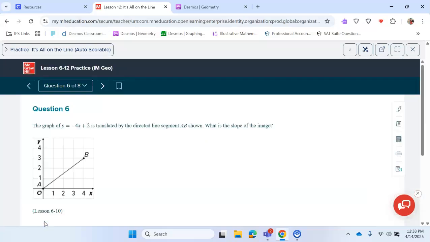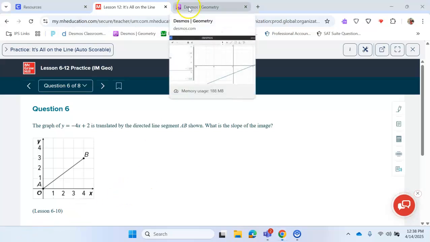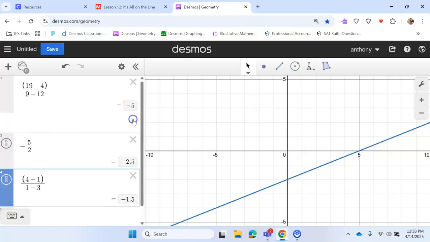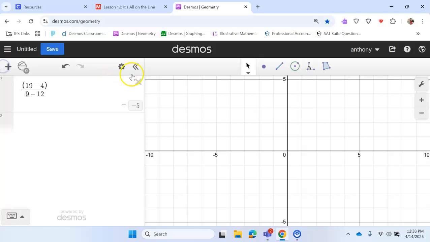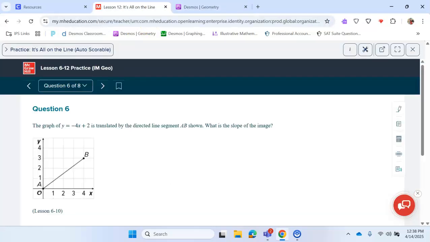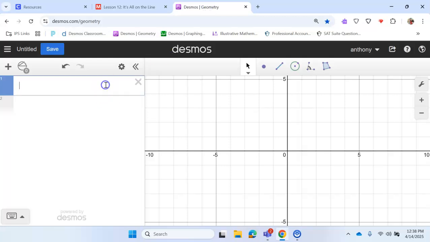Question 6. The graph of y equals -4x plus 2 is translated by the directed line segment AB shown. What is the slope of the image? It's going to be the same. So it's y equals -4x plus 2.